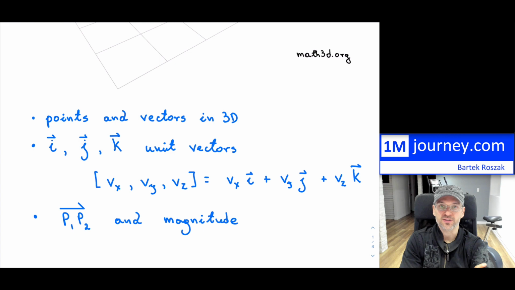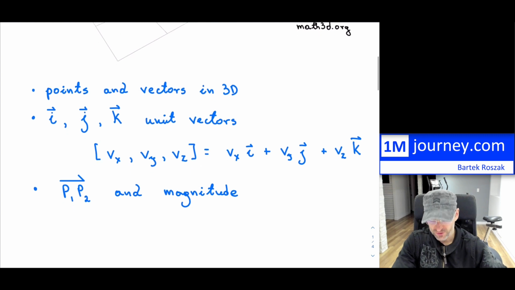So that shouldn't be too big of a deal in terms of extending it from 2D to 3D. Building up on point 1, you can certainly express any vector in terms of those unit vectors like you did in 2 dimensions. And then lastly, I want to remind you that if you're taking 2 points, point 1 and point 2, and you want to find the vector in between them, you can do that rather easily, especially if you are using vectors in the Cartesian vector form.